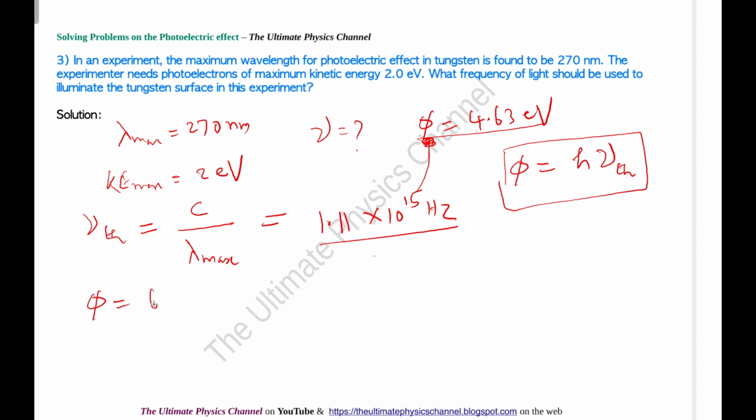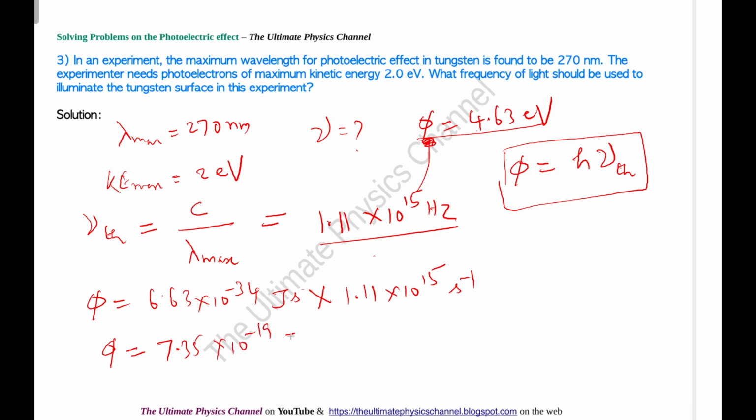Phi is equal to 6.63 into 10 power minus 34 joule second times the frequency 1.11 into 10 power 15 hertz, that is per second. If you do this multiplication, you would get phi equal to 7.35 times 10 power minus 19 joules.